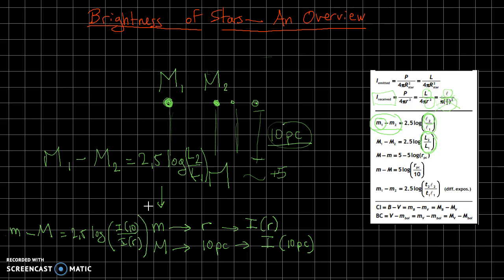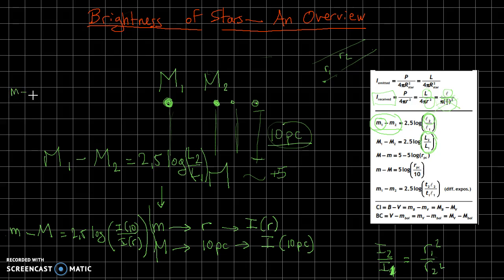And then we know the inverse square law, that the ratio of intensities between two points from a point source at distance r1 versus distance r2 would be r1 squared over r2 squared. And here, 10 parsec is r2, and r1 is just the unknown distance r.